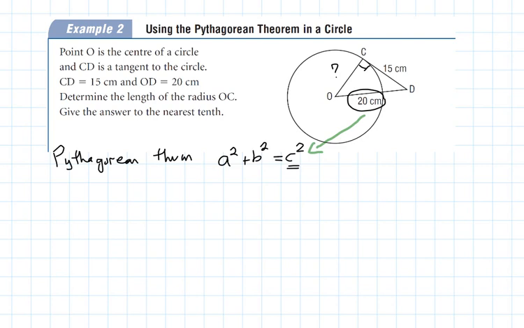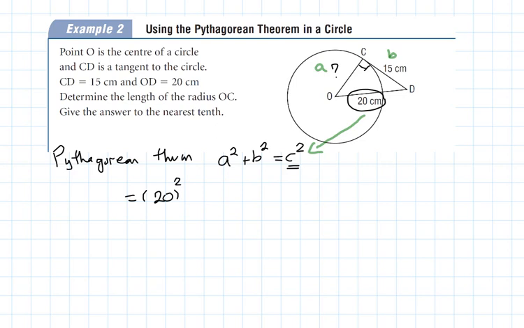So for this problem right here, C is going to be 20, so that means 20 squared. Don't forget that. B, you can say this is B and this is A. If you switch the A and the B, it doesn't really matter. I'm just going to do it this way.